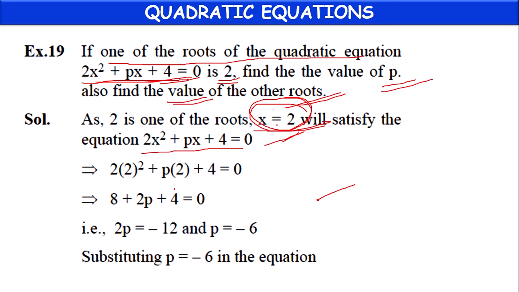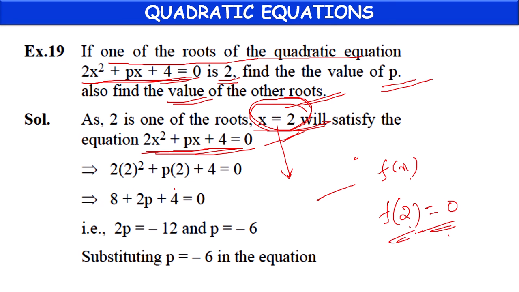As they have given the root, what does root mean? A root will satisfy the equation. Suppose the equation is f of x; in the place of x, if you keep 2, then the value will become 0. That is the meaning of root.